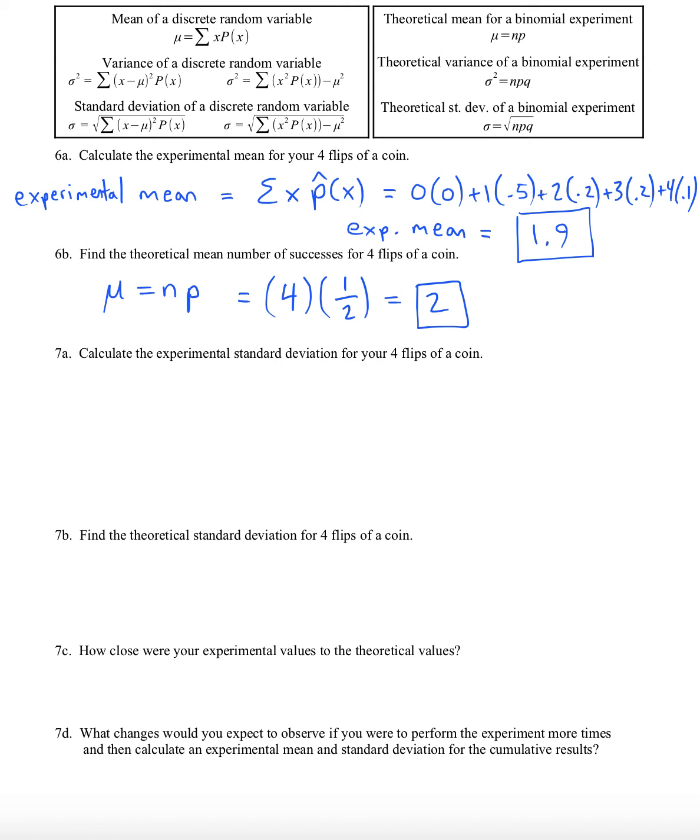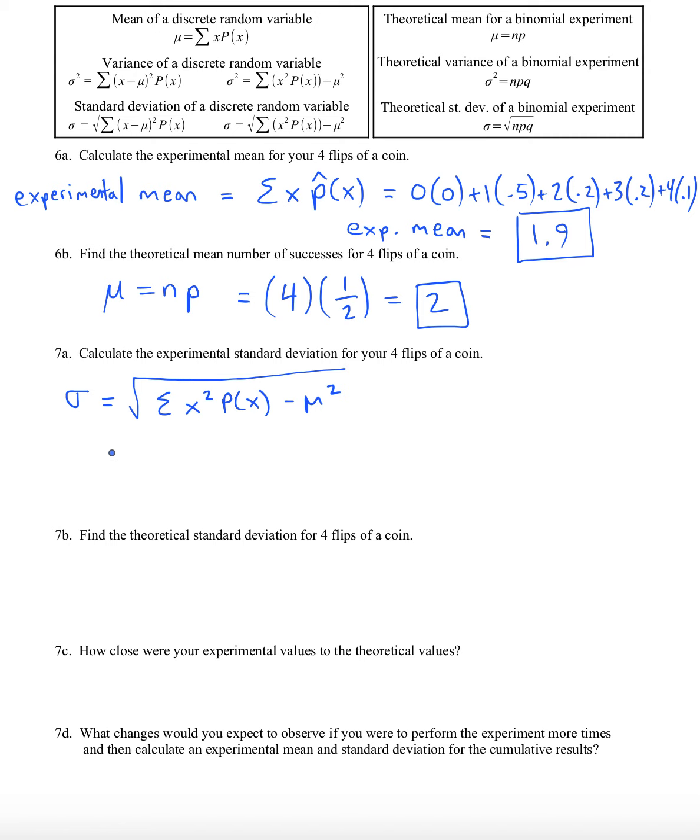Now can we calculate the experimental standard deviation for our flips of the coin? Easiest way to do it is just use the formula: square root of the sum of x squared p of x minus mu squared.